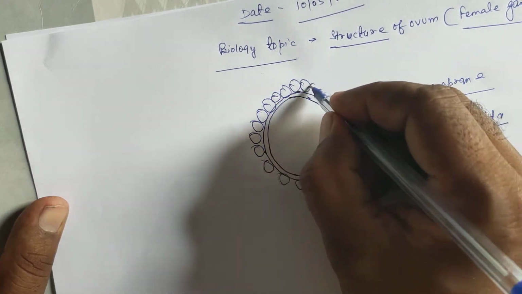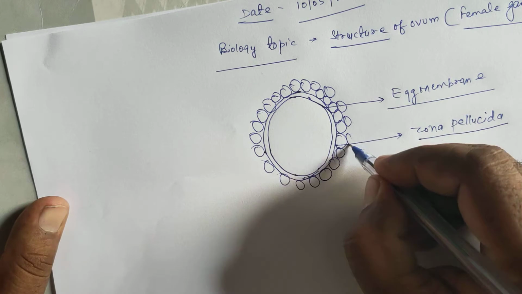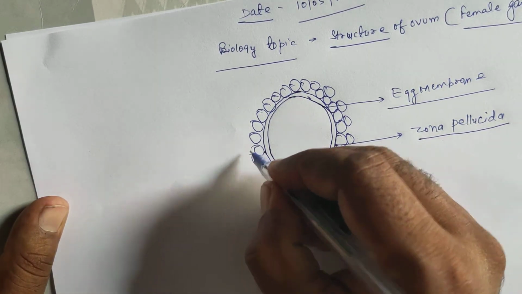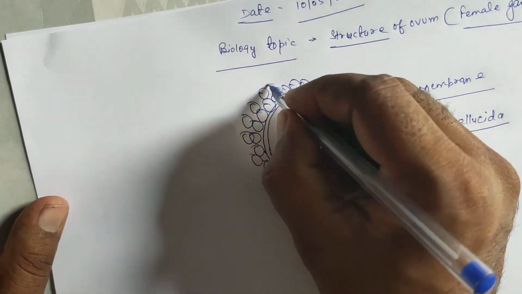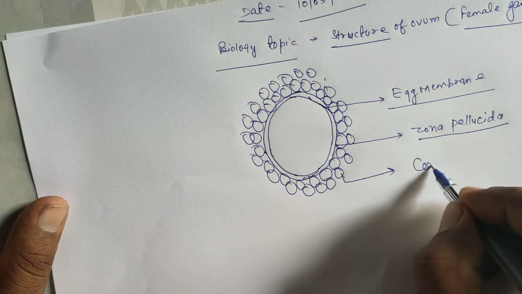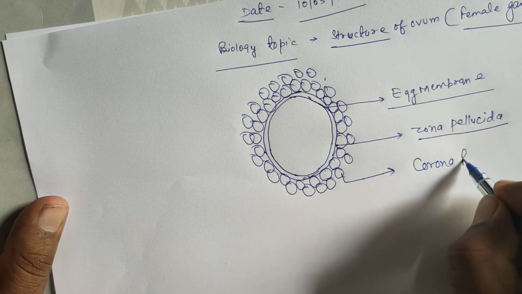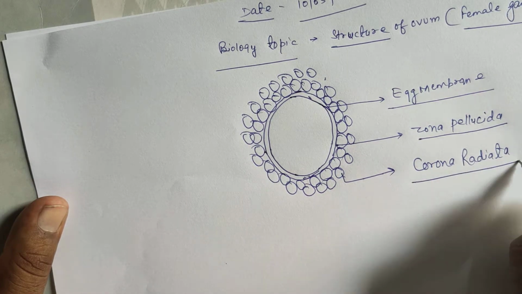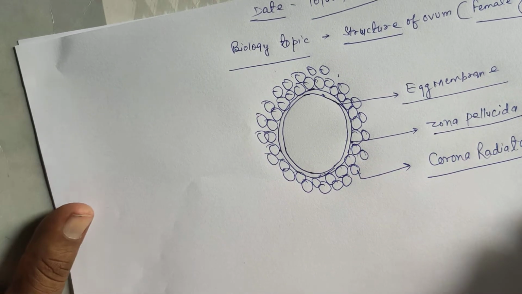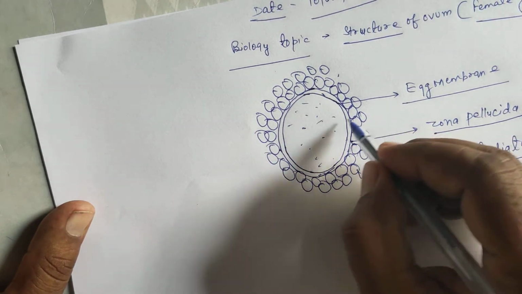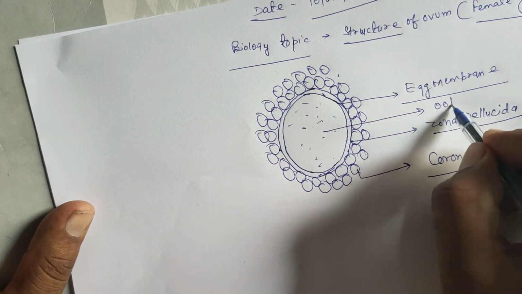Corona radiata is a cellular layer and forms a specific follicle cell. This is corona radiata. It is second egg membrane. Inside fluid is called ooplasm.